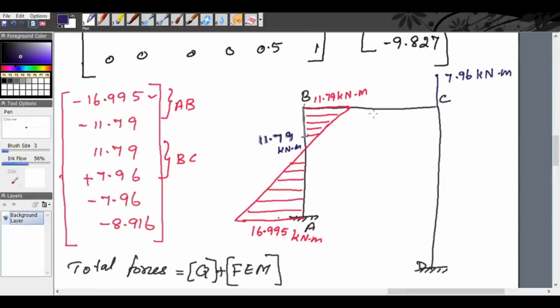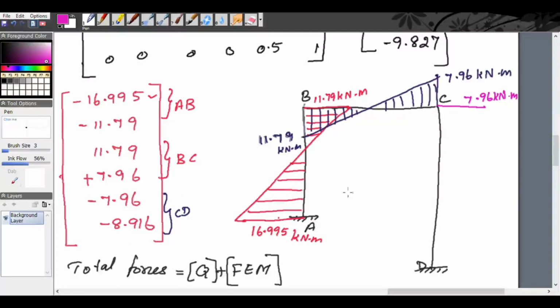So while drawing the bending moment diagram, it will be coming like this. Now this is for CD. Now when you take CD, it is minus 7.96. So anti-clockwise towards the right. So minus 7.96 kilonewton meter.